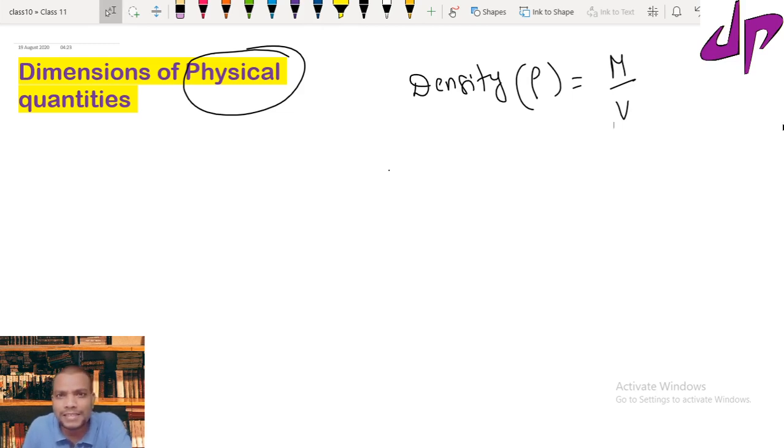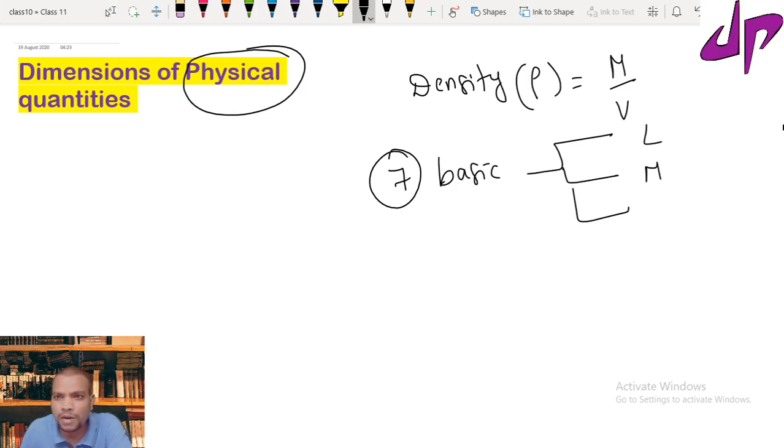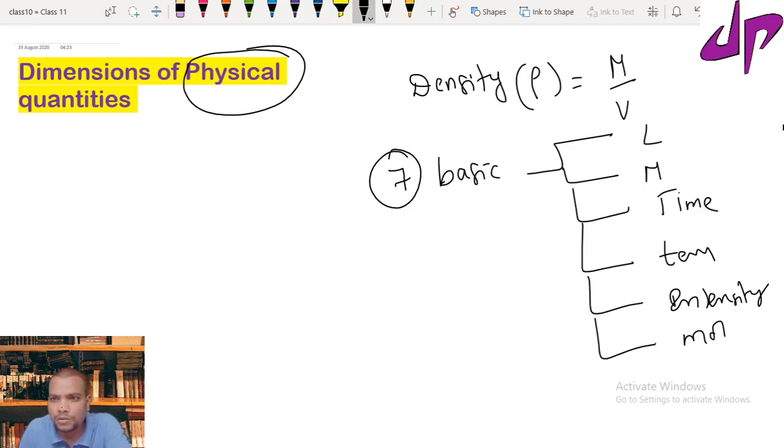We have seven basic physical quantities. Among them we learned the very basic units: length, mass, time, temperature, intensity, amount of substance (mole), and the last one is ampere.